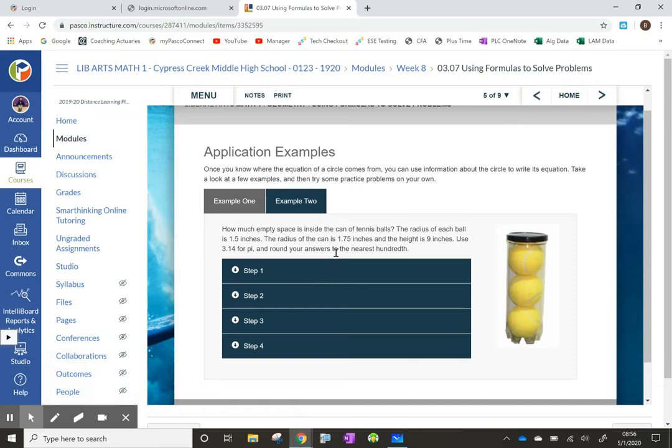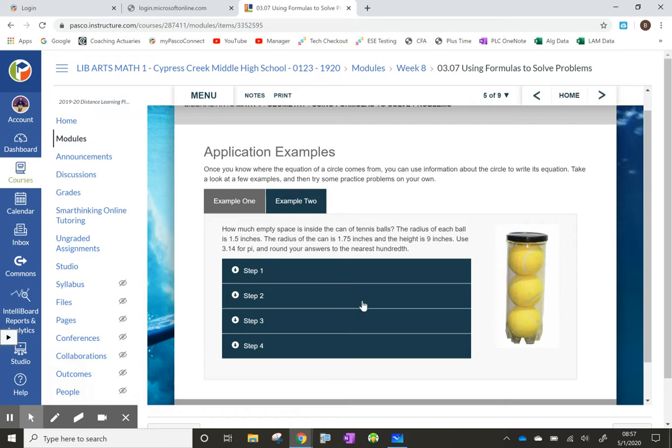And then we'll also have to find the volume of the tennis balls. So what we'll do is find the volume of the cylinder as a whole, and then we'll subtract out the volume of each tennis ball, and whatever's taken out, the leftover is the amount of air, the amount of space in that cylinder.